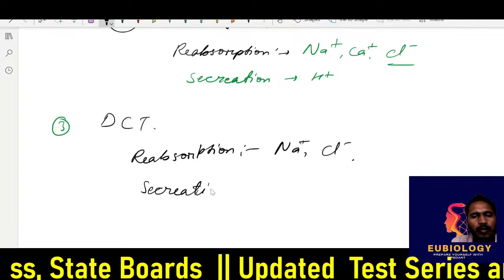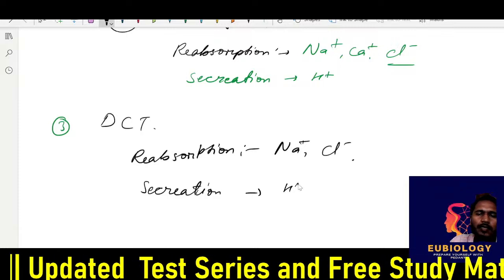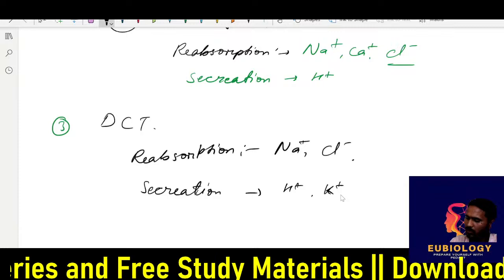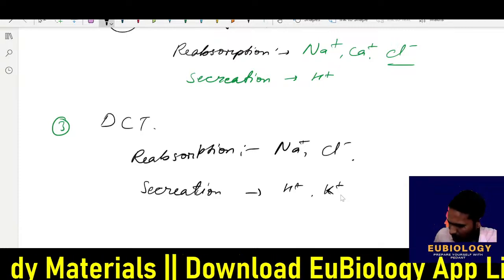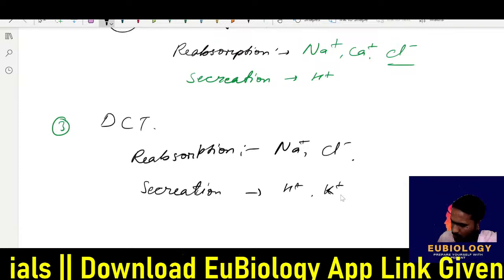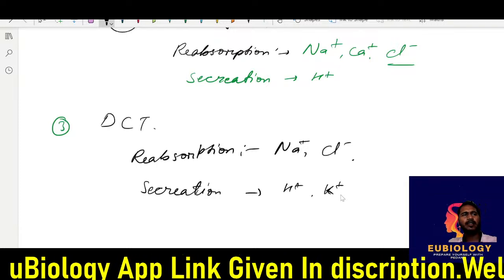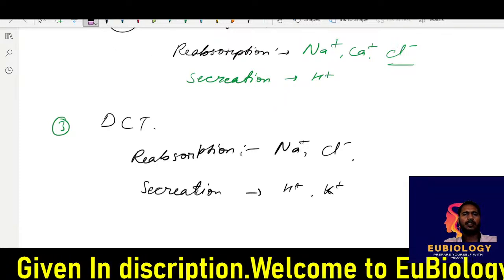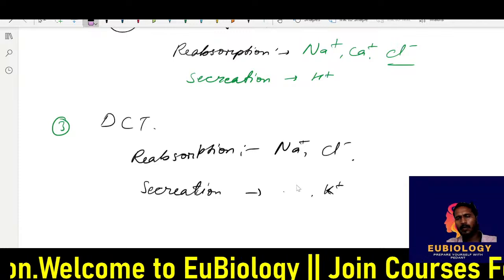Secretion usually will not occur here, but you can write potassium. Usually potassium will always be secreted. So in DCT, usually secretion will not occur. You can know this. In NCERT it may be written, so you can write it.